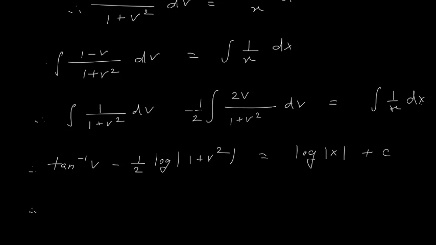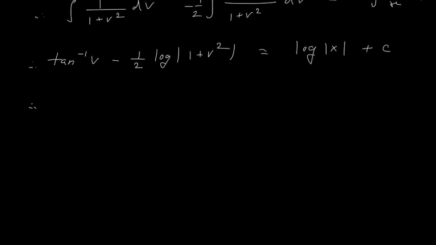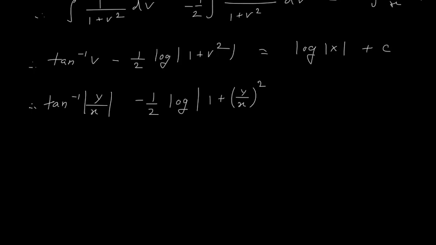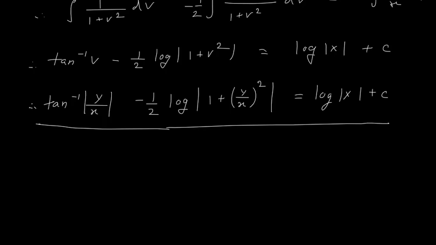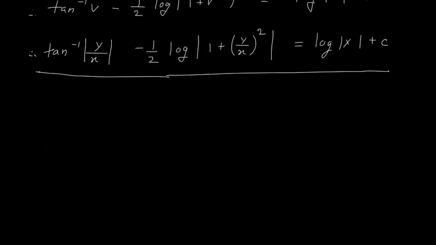So therefore we have tan inverse v, which means y upon x, minus 1 by 2 log of 1 plus y upon x the whole square is equal to log x plus c. Okay, so this is your required solution.